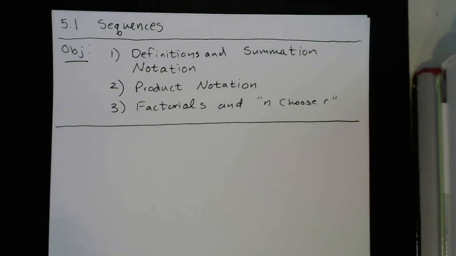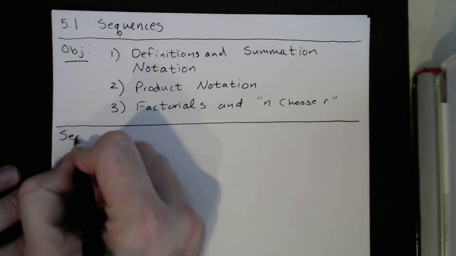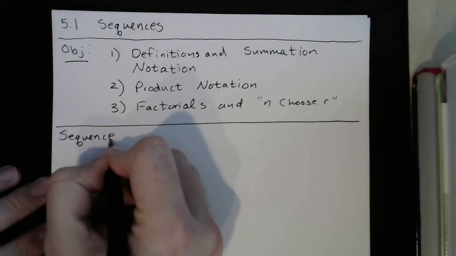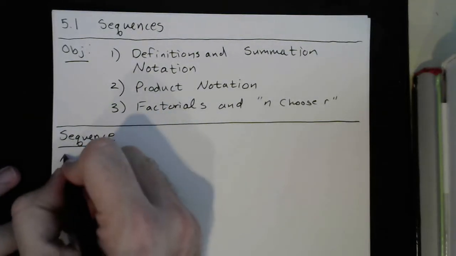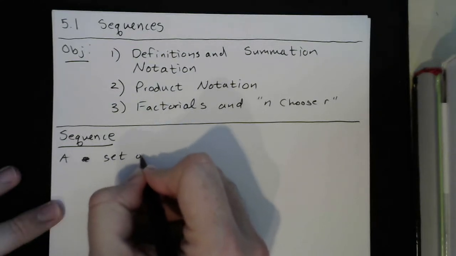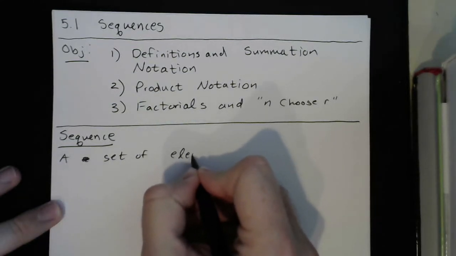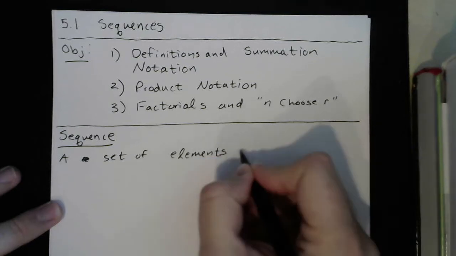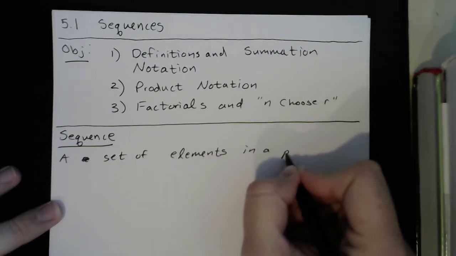So let's just refresh ourselves with the definition of a sequence. A sequence is nothing more than a set of elements in a particular order.